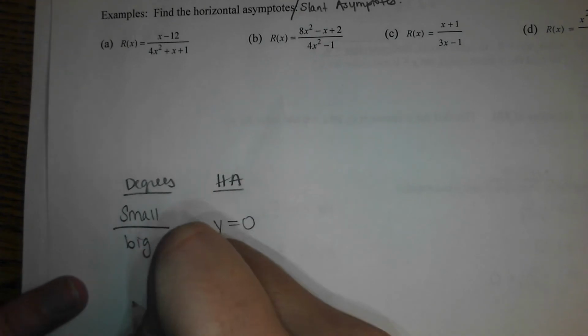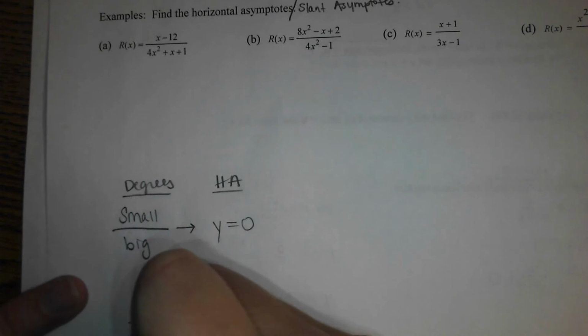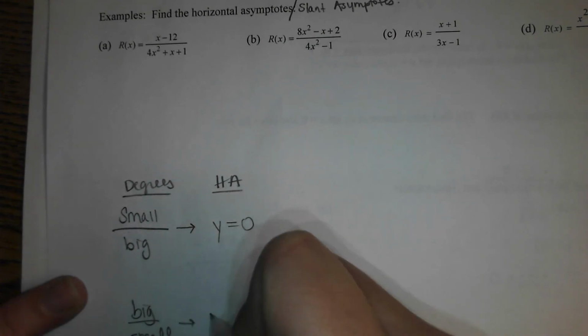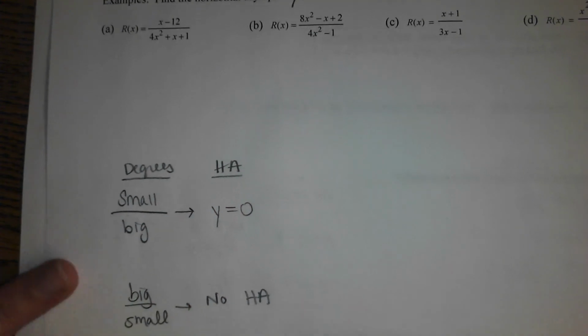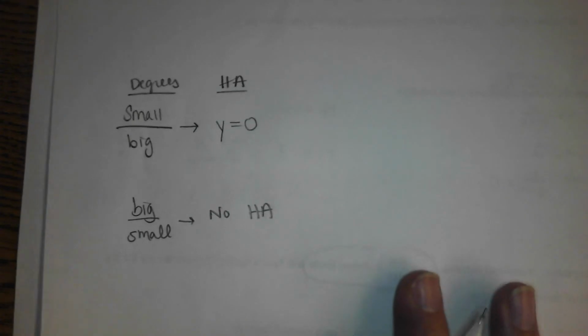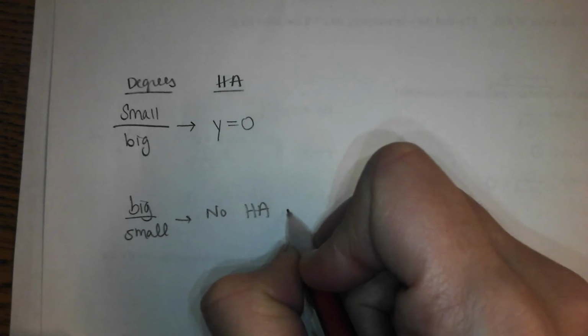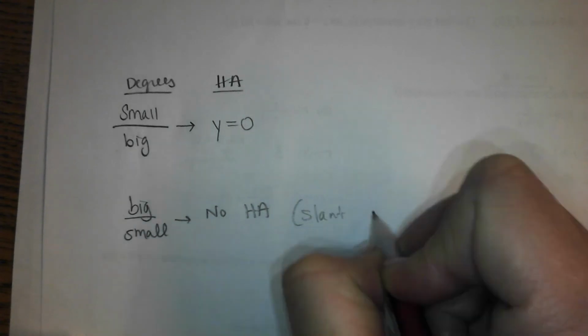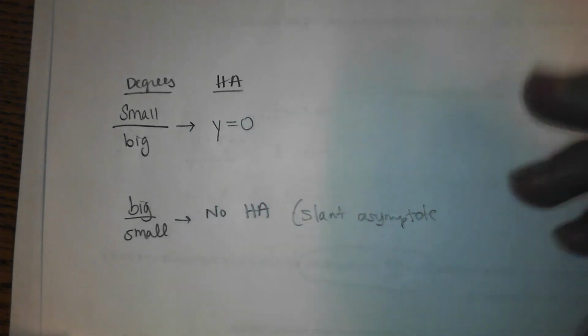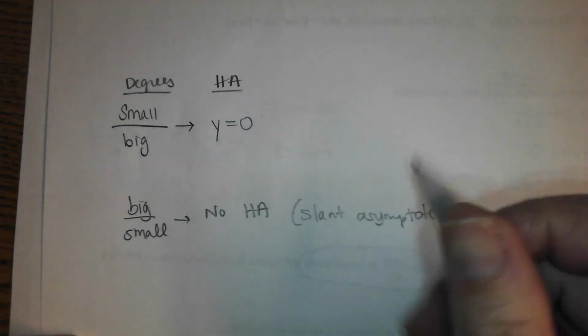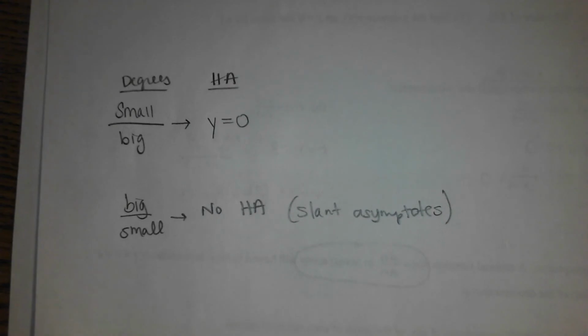If it's big over small, there's no horizontal asymptote, and in place of that, what guides your end behavior are called slant asymptotes, which means something that's not a horizontal line. Could be a diagonal line that guides your end behavior, could be a quadratic shape that guides your end behavior, but it's not a horizontal line.